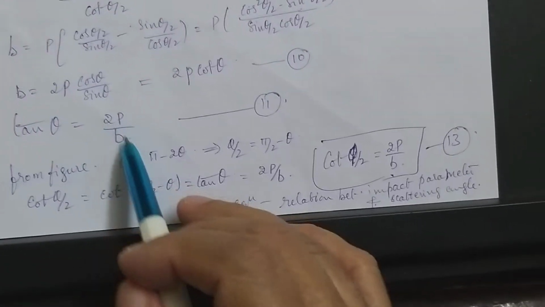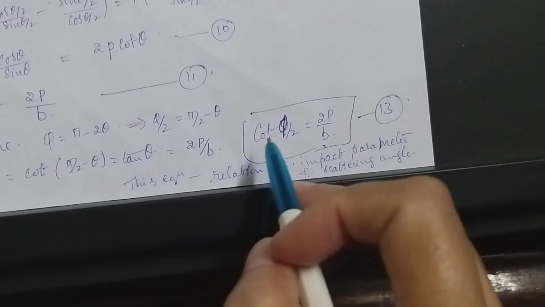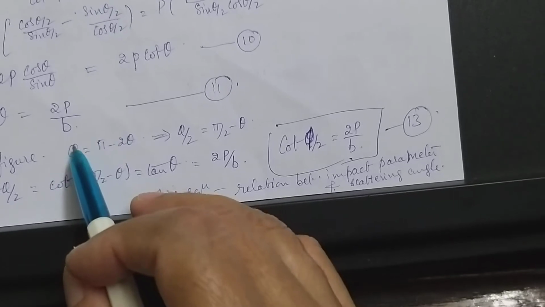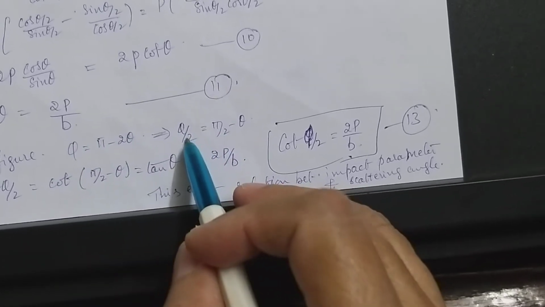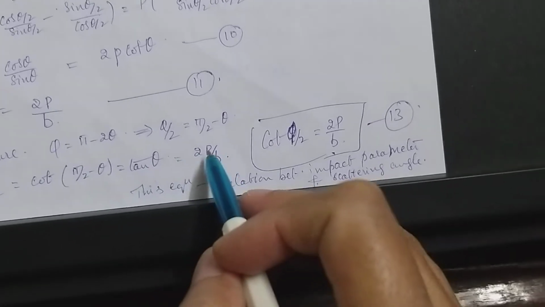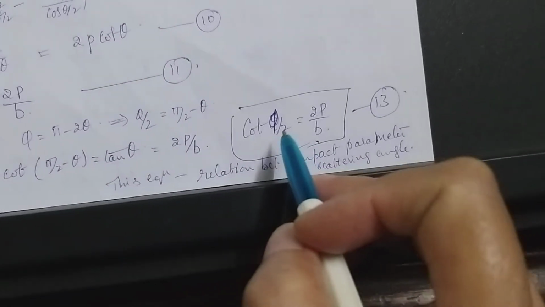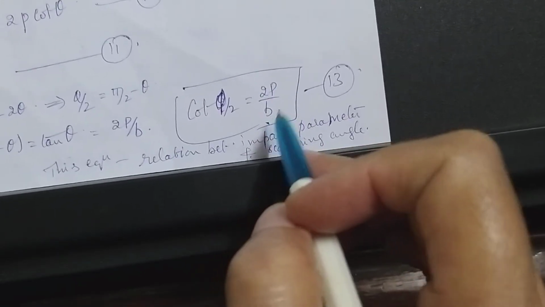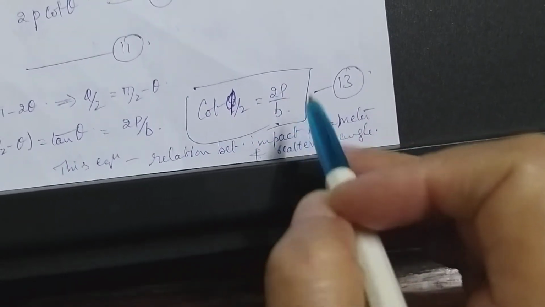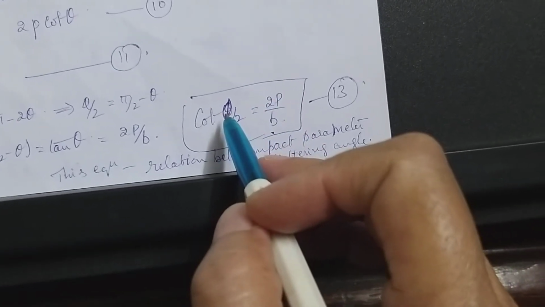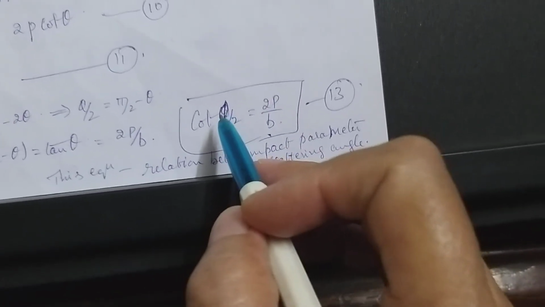So here we have 2P by B. So cot of phi by 2, that means pi by 2 minus theta, which is tan theta, which is 2P by B. So this relation arises: cot of phi by 2 is equal to 2P by B. This is the relation between the impact parameter and the angle through which the alpha particle is deflected.